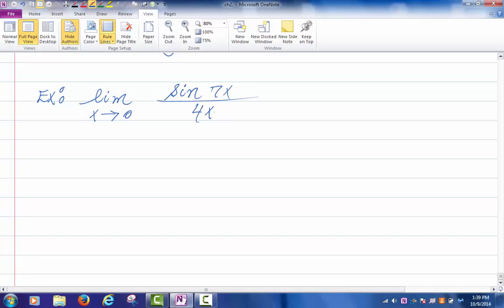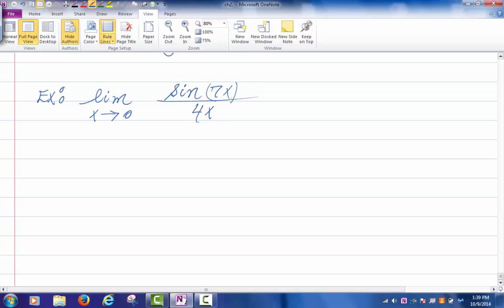I want to apply limit number 1. The limit number 1 is that the limit of sine theta over theta is 1 as theta goes to 0. So how do I apply it here? If I want to apply that, what's the angle here? The angle here is 7x, right?